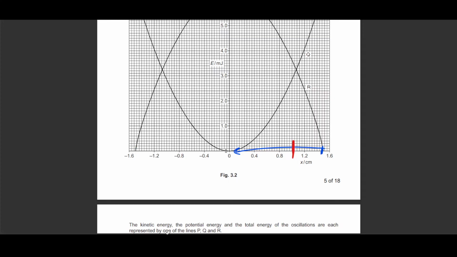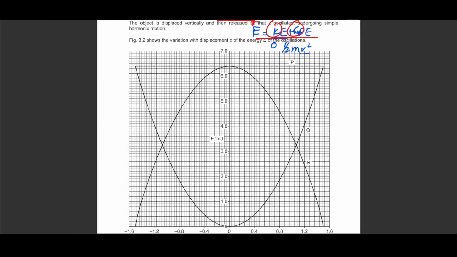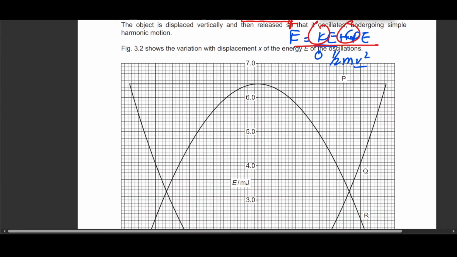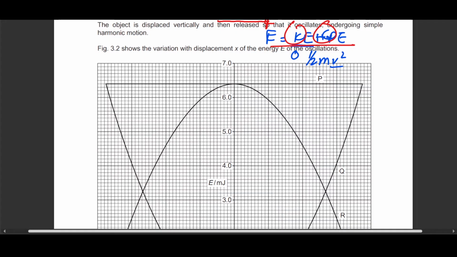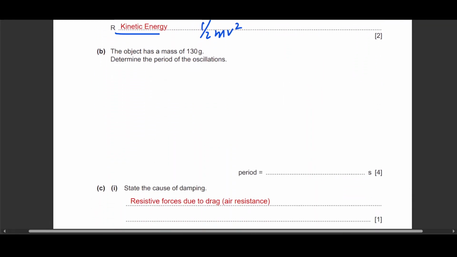Okay. So let's zoom back in and see what answers we get now. As the object has a mass of this, determine the period of oscillation. So we have from the formula of kinetic energy, that is half mv square, and v square is replaced as half m omega square (x naught square minus x square), right?